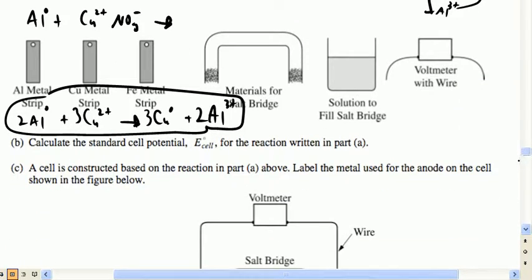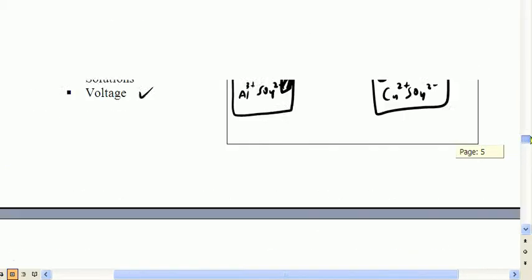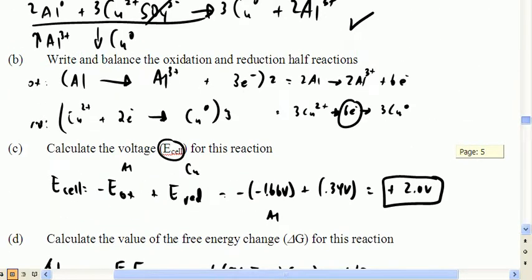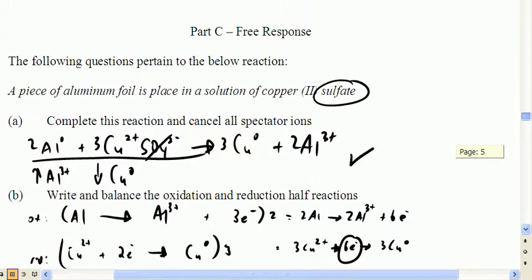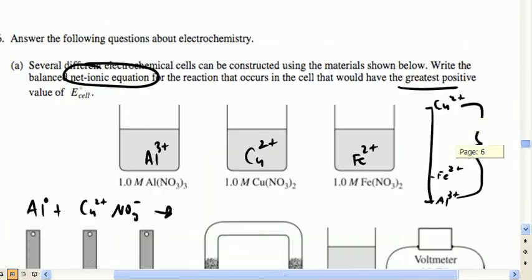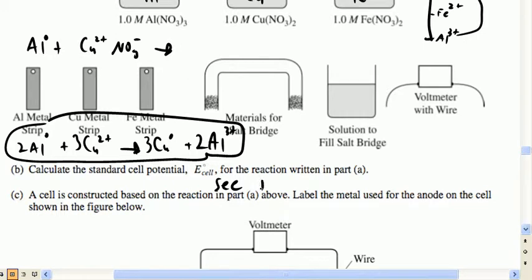Calculate the value for E cell. That's part 1b, and it should be 2.0 volts.